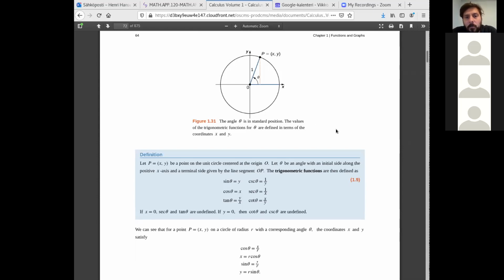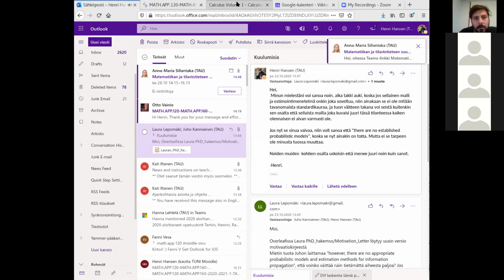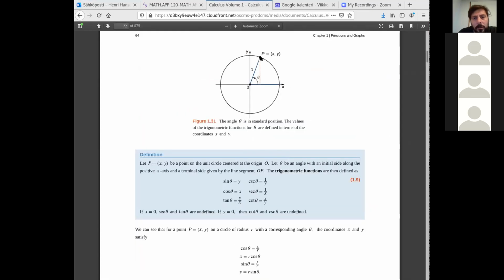We've traveled some way, this is the angle theta, which happens to also be the length of the circle arc from here to the point P. We define the trigonometric functions in such a way that the sinus of this angle is the y coordinate, and the cosinus is the x coordinate at this point. And then the tangent is just the proportion of those.